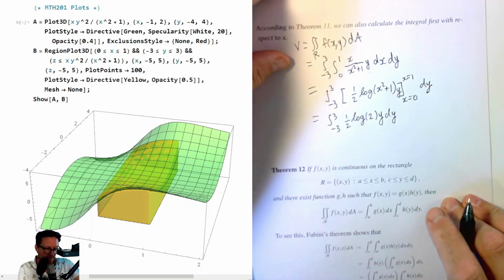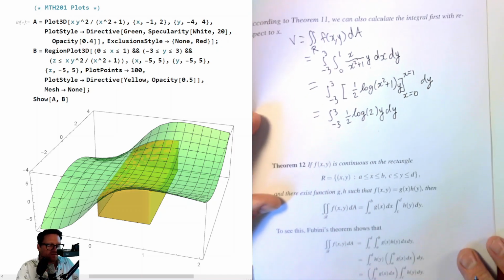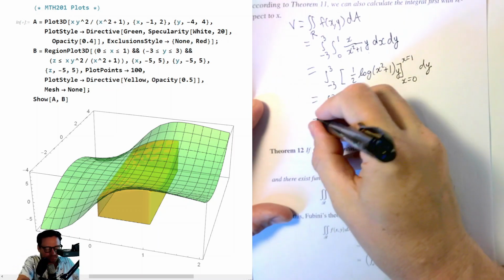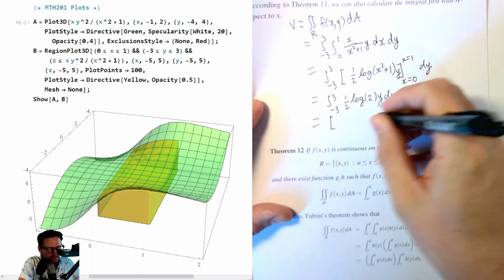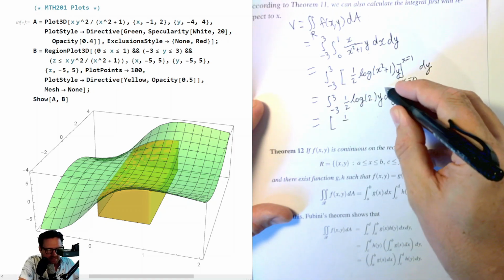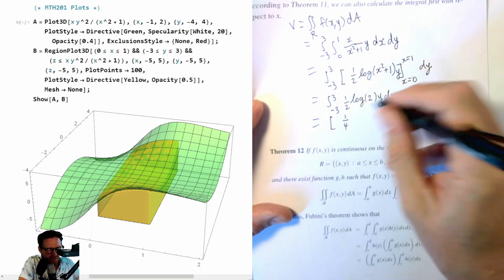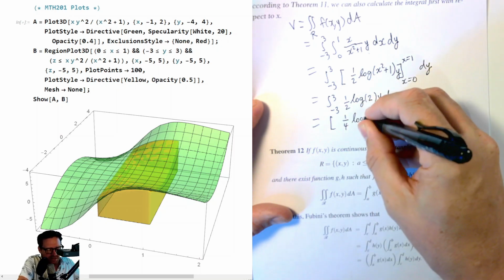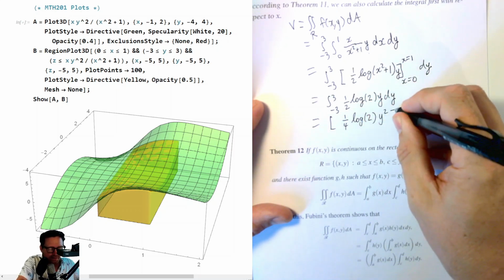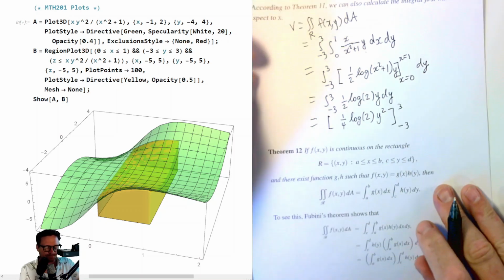Okay, so now integrating this with respect to y, we add 1 to the exponent of y, divide by the new exponent. So we have 1 over, see, new exponent is 2, so dividing that by another 2, so we've got a quarter natural log of 2 y squared from minus 3 to 3.